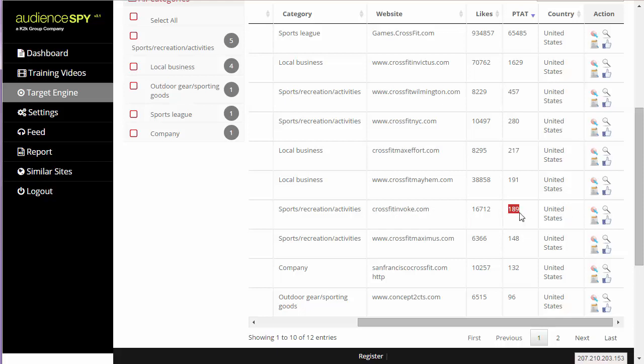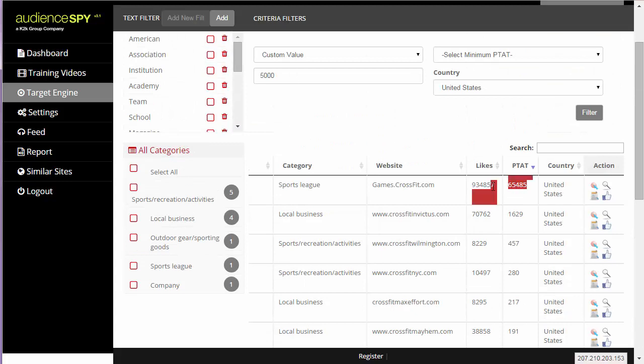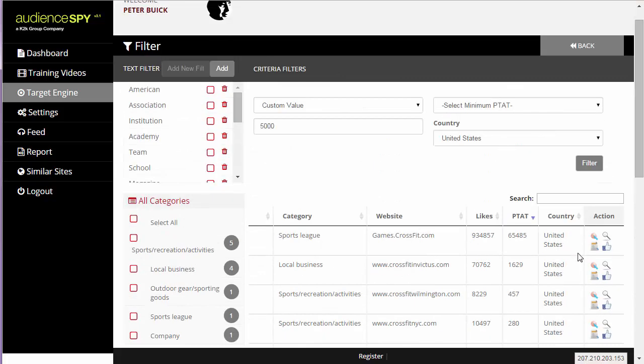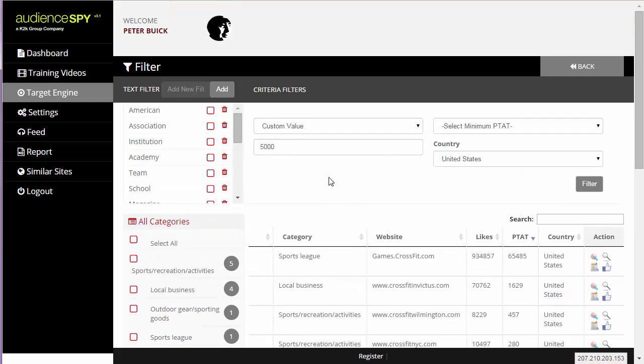That's not potentially the most efficient one we could do when there are so many more people interacting with these ones here. In percentage terms as well, these are much more passionate. And we filtered by country, so we know that these are all US. We're not advertising to people in Mexico or Brazil or something.